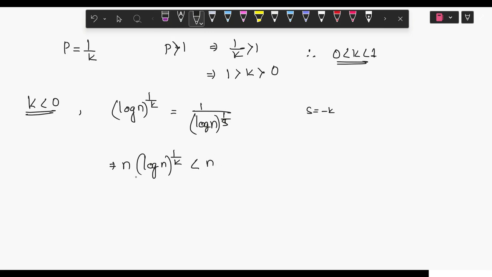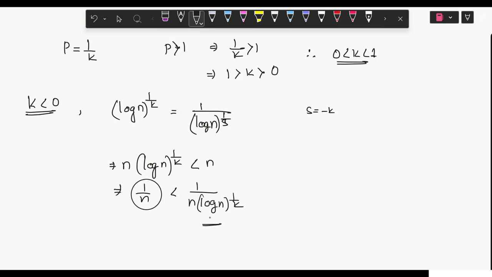If we take its reciprocal, I can write 1 by n is less than 1 by n log n is whole to the power 1 over k. Now we know that the series of 1 by n is divergent, so this series is also divergent. Therefore this series is convergent only when 0 is less than k less than 1.